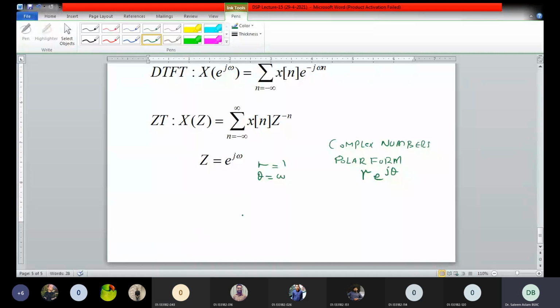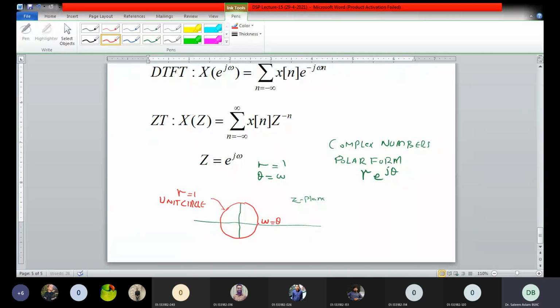Now it means that if we have a z plane, in the z plane we can represent r equal to 1, which is a unit circle. So this is r equal to 1, and it is known as the unit circle. And your omega is your theta, so omega is equal to theta.